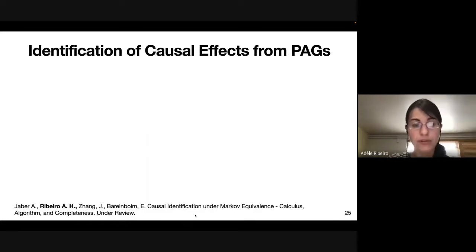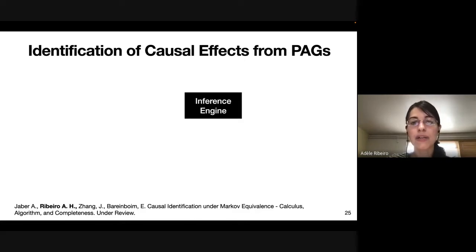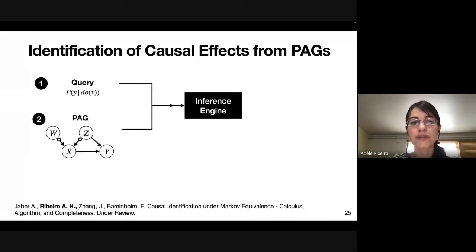And then there is another work that's also under review. It's available also on arXiv, where we extended the theory. It is the same inference engine, but now extended in a way that we can input the PAG, or the partial ancestral graph, representing the underlying system.